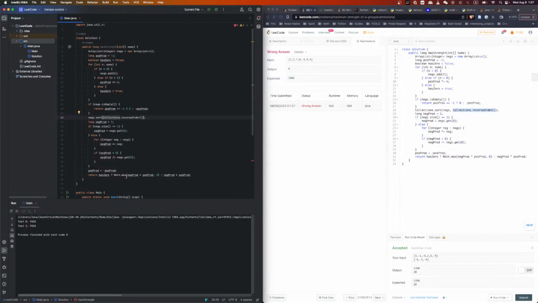Blah, blah, blah. Maximum has 0 if we have 0. Then we try not to multiply 0. If it doesn't have 0.